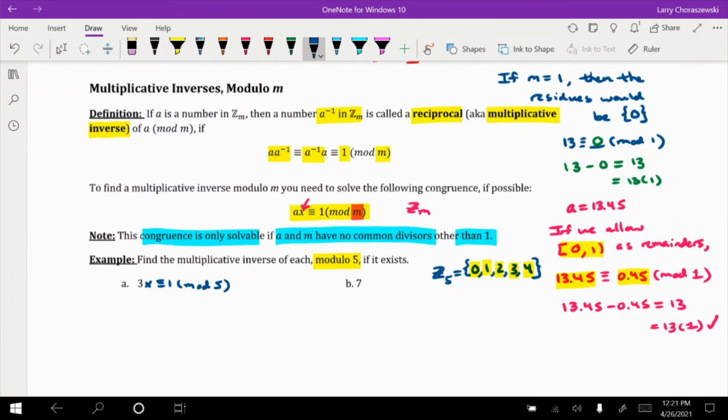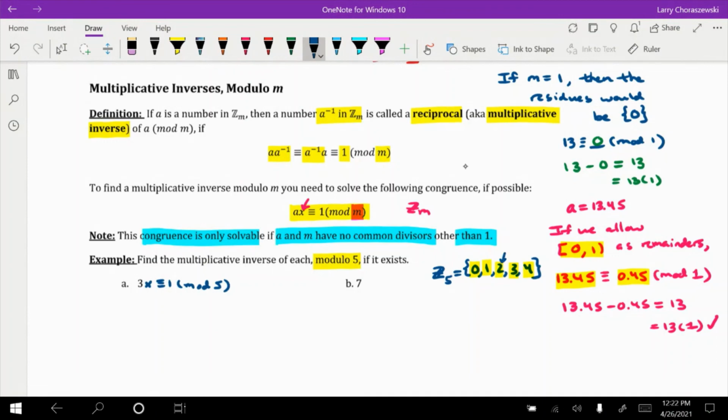So let's kind of guess and check here. Obviously, 0 is not going to work, right? Because 3 times 0 is 0. And if you do 0 minus 1, it's not divisible by 5. If we check, if we assume x to be 1, then that would give us 3, which is not congruent to 1 modulo 5.